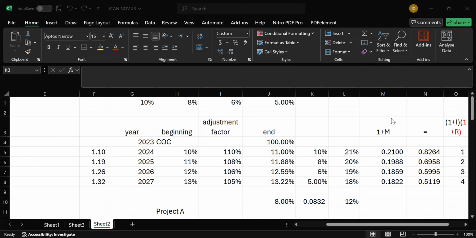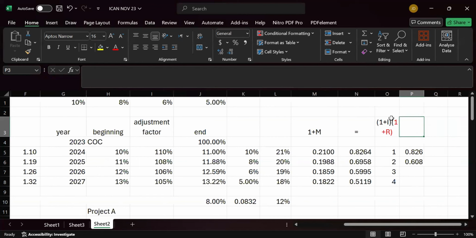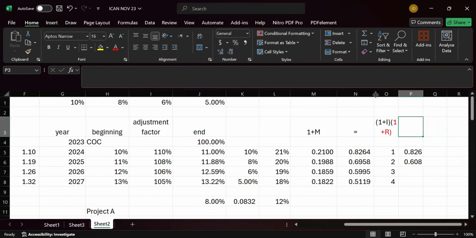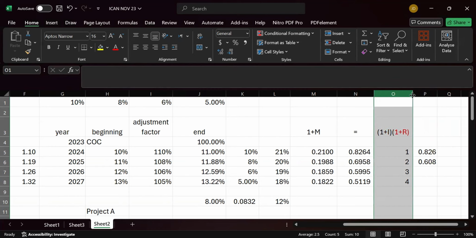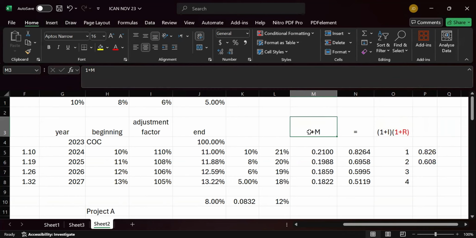So basically, for converting real cost of capital to money cost of capital, you have a formula like this. So let me expand this. 1 plus money cost of capital is equal to 1 plus inflation times 1 plus real cost of capital.